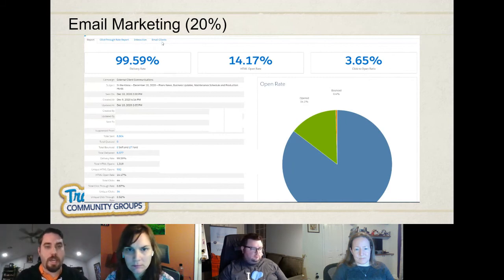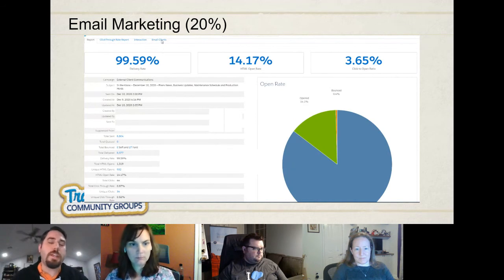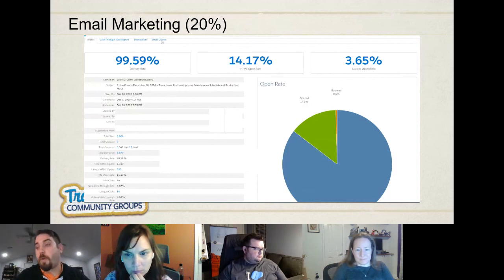The email client tab on the far side gives you a rundown of what email providers your clients are using. Are they using iOS on their phone? Are they using it on a Mac? On a tablet? Are they using Gmail? That gives you a really robust view of how your lists are interacting with your content.